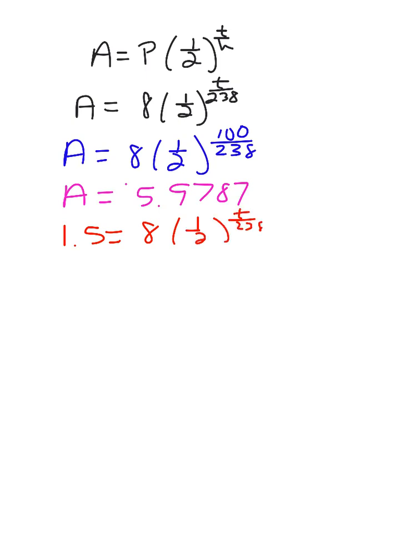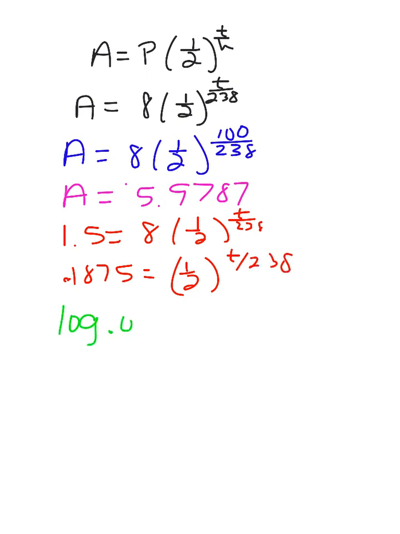All right, so I do 1.5 divided by 8. So I get 0.1875 equals 1/2 raised to the T over 238. Log both sides. Divide both sides by log 1/2.